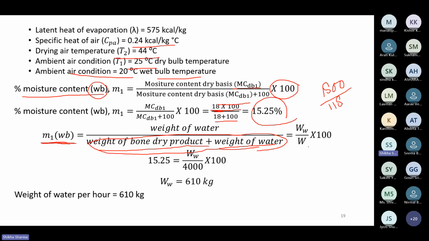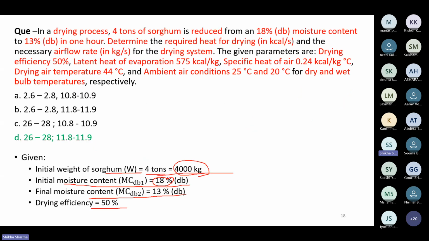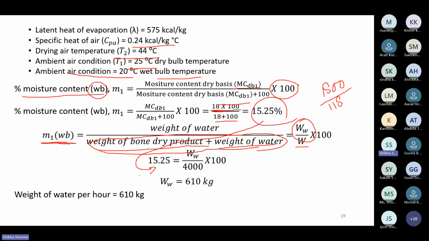So the total weight we denote as W, and the weight of the water we denote as W subscript w, into 100. We already know from the calculation that our initial moisture content on the wet basis, 15.25, is equal to the weight of the water divided by the total weight of the product, which is given as 4 ton or 4000 kg, into 100.